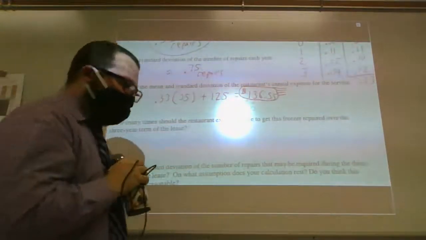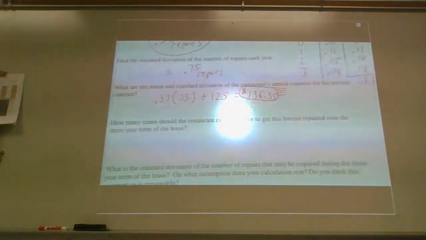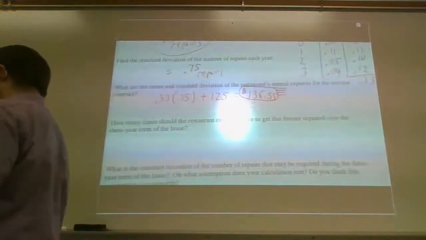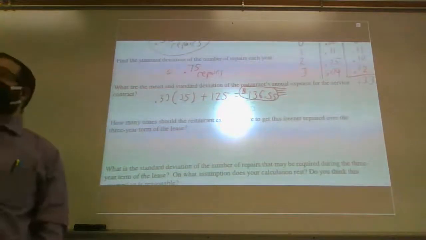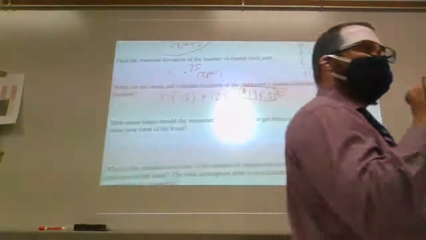Chapter 5, we covered before linear regression. I'm not sure if it was early December or late November. I need you to look up in your notes what type of operations affected standard deviation.